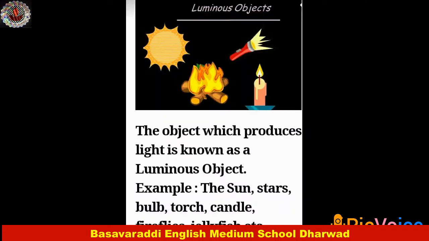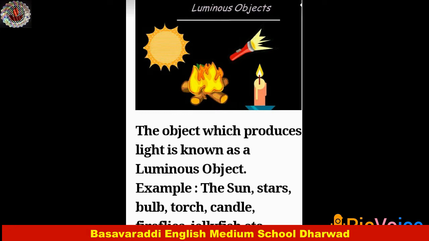What is the luminous object? The object which produces light is known as a luminous object. For example, the sun, stars, bulb, torch, candle, fireflies, jellyfish, etc. These are all the luminous objects. The second classification is non-luminous objects.